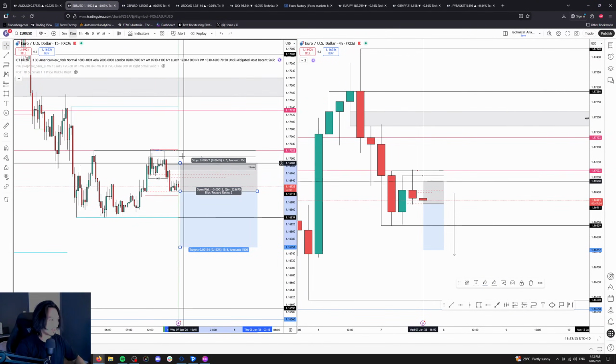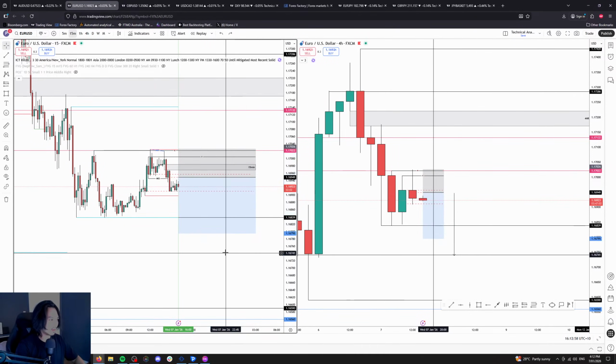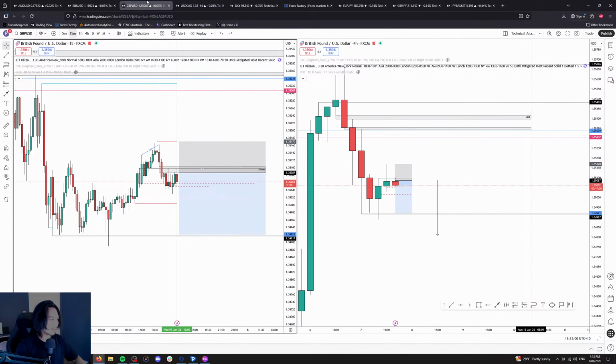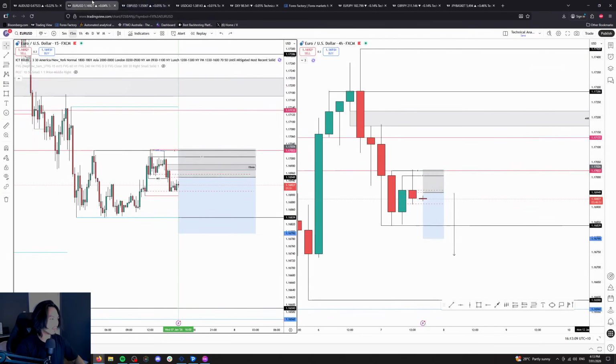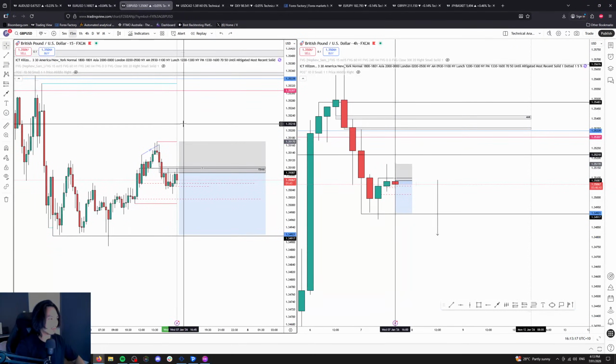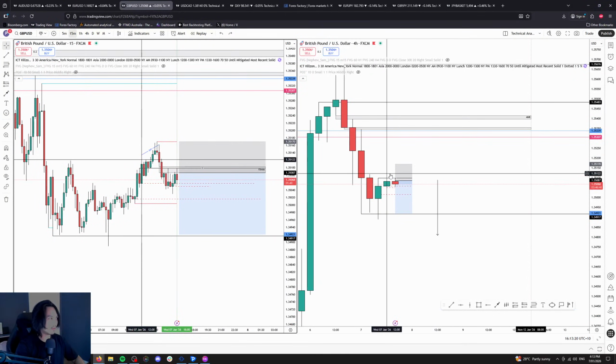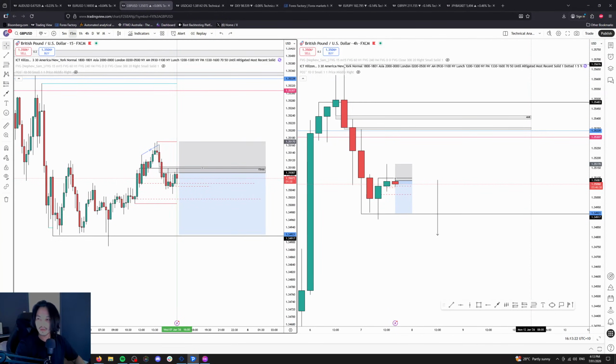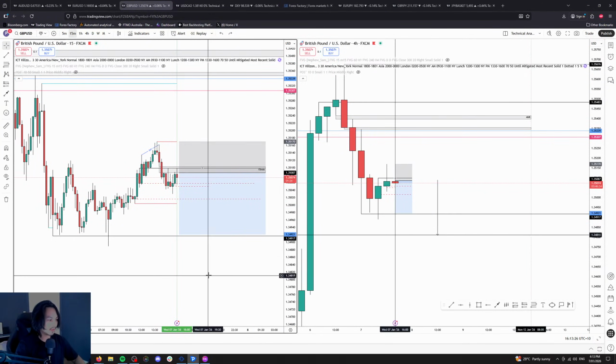I am not sure where I put my stop loss placement yet, but that is the plan. So I'll just keep my eyes on Pound USD because I'll place my entry straight after this 15-minute closes bearish.